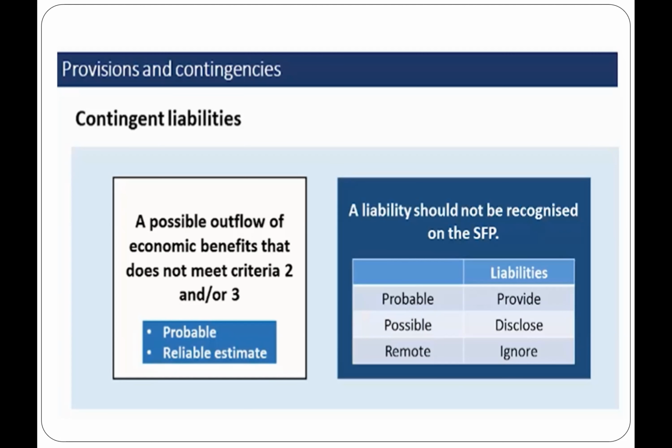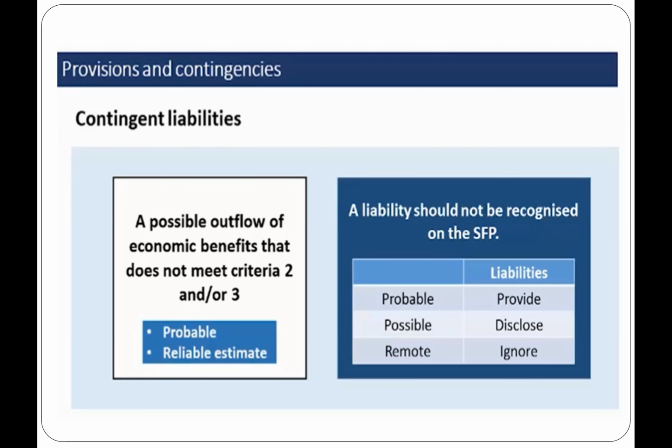To summarize: if it is probable and you are able to make a reliable estimate and the probability is high, you need to make a provision. But if it is only possible that an outflow of economic benefit is going to happen, you simply need to disclose.